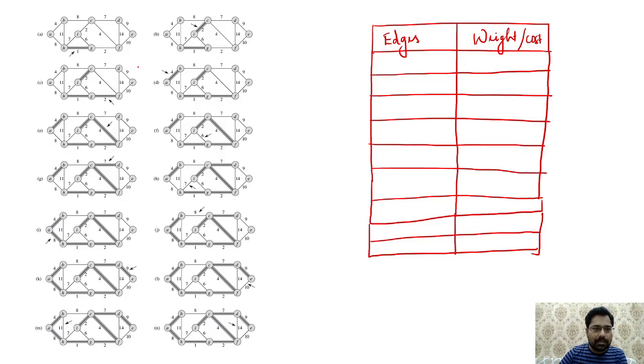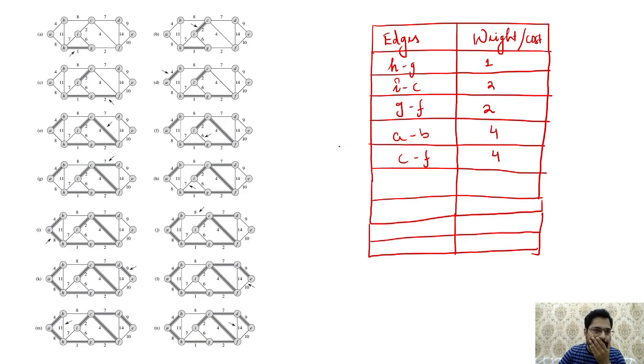Out of this the minimum is HG, which is 1. Next, there are two options, either IC or GF. IC is 2, GF is also 2. Next minimum we have is 4. Here A to B and C to F are also options. A to B is 4, C to F is 4.